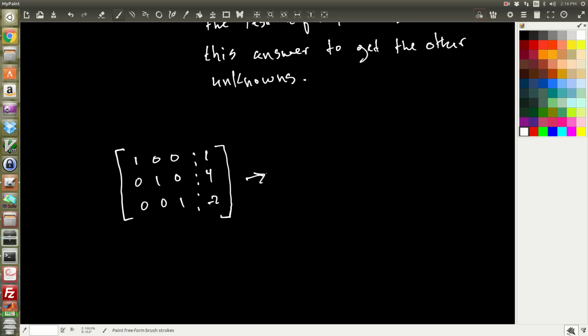And when you write that in equation form, it looks like x1 plus 0 times x2 plus 0 times x3 is equal to 1, which simplifies to just x1 equals 1. Then you get 0 times x1 plus x2 plus 0 times x3 equals 4, which simplifies to x2 equals 4.